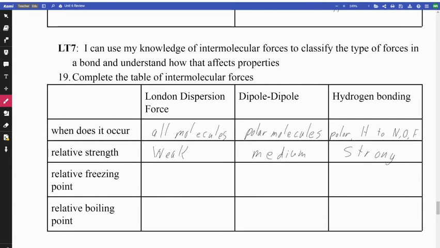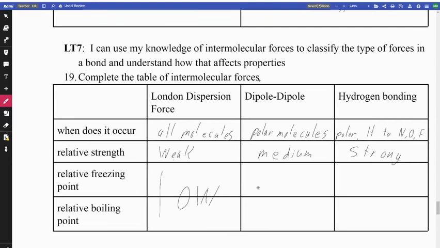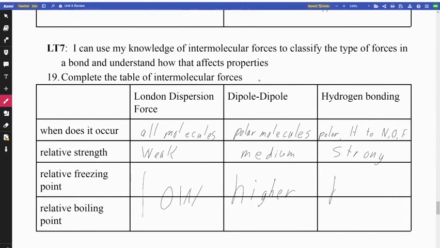All right, so relative freezing and boiling point. London dispersion has a pretty low relative freezing point as well as boiling point. So I'm just going to do low like that. Dipole-dipole has a higher relative freezing and boiling point. And then hydrogen bonding has the highest freezing and boiling points.